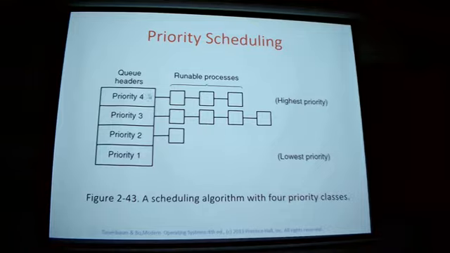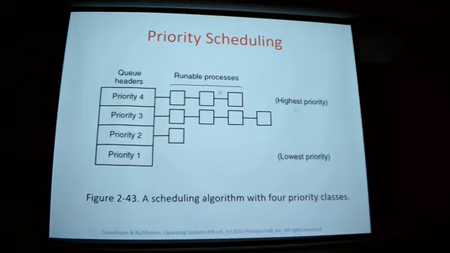In each group, there can be different scheduling algorithms. For example, in the same group, maybe we can use round robin: process A, process B, process C, then process A, process B, process C again.